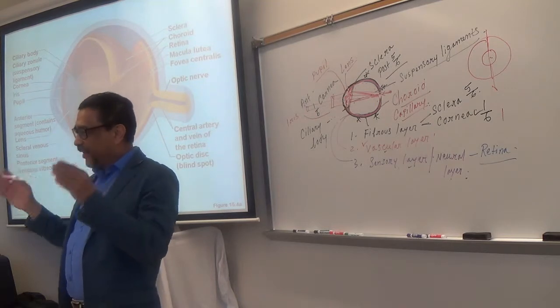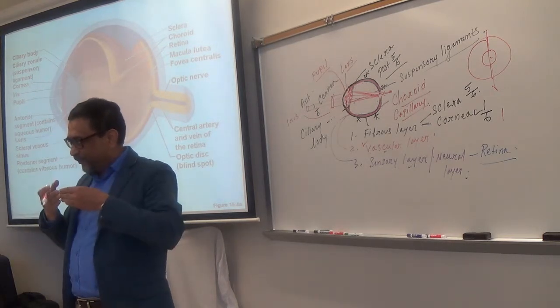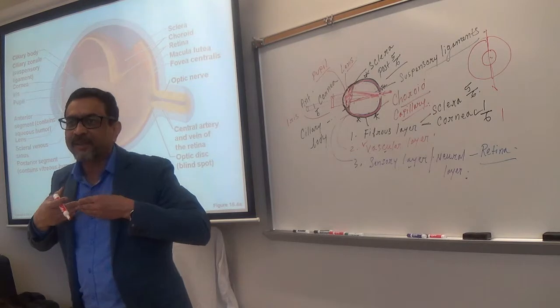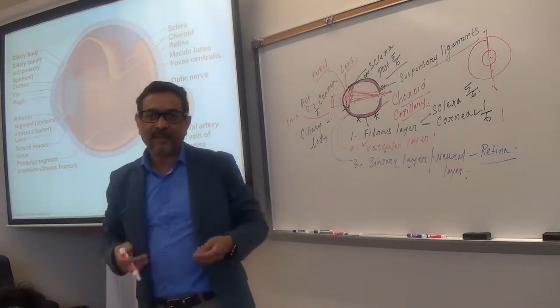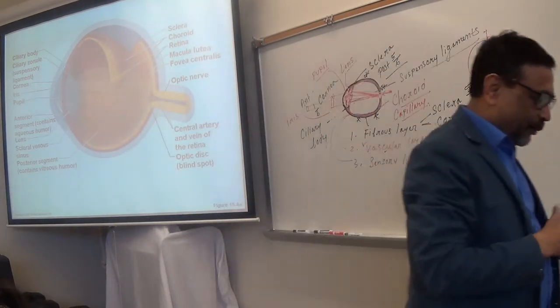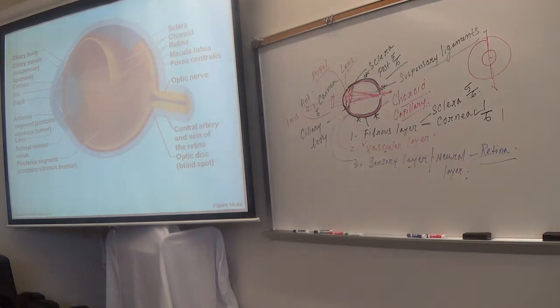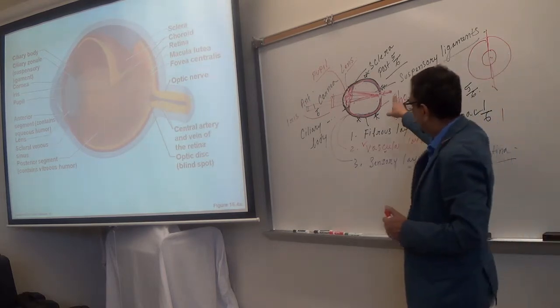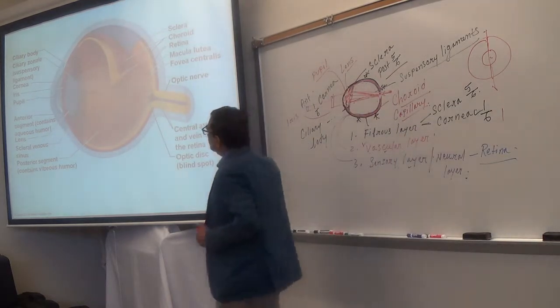Convex can bring it forward and concave moves it back. Make sense? So we use two different lenses depending on the location of the focus of the light.